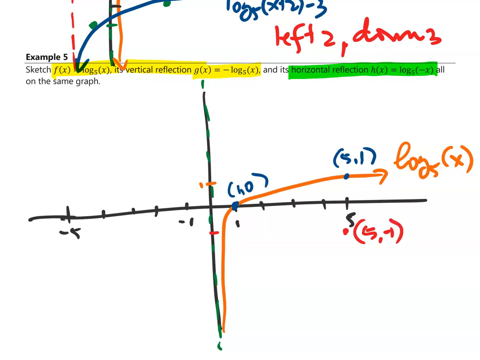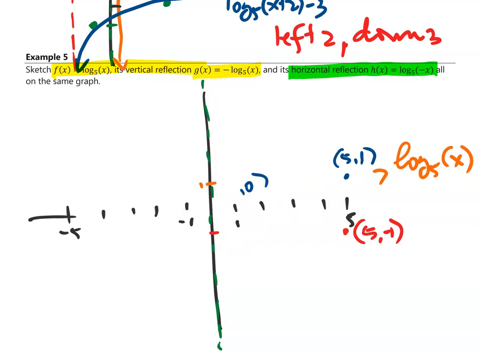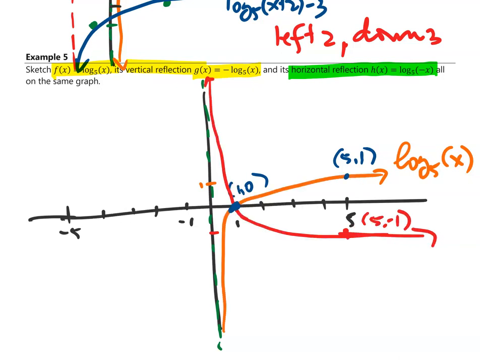We have the vertical asymptote at x equals 0. Here's the graph of negative log base 5 of x, and that is the vertical reflection of log base 5 of x.